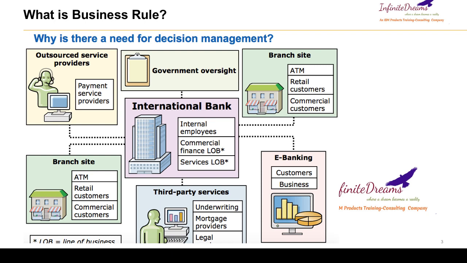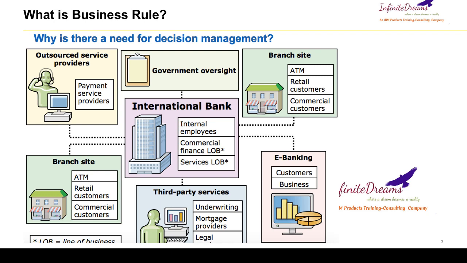The bank also has third party services for providing loans, credit cards, home loans and mortgages. The bank also has e-banking, by which customers or business owners can directly check their account and transfer money without visiting the branch.